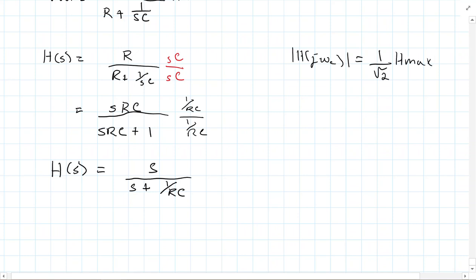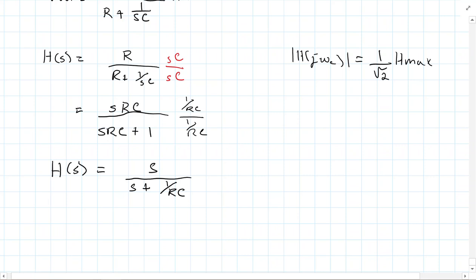And it's 1 over the square root of 2 because we're dealing with voltages here. Remember, the cutoff frequency is half power, and so if you're talking about voltage, you do 1 over square root of 2. Because, thinking about the power equation, what do you do for voltage? You do V squared over R. So that's why we do the 1 over square root of 2.